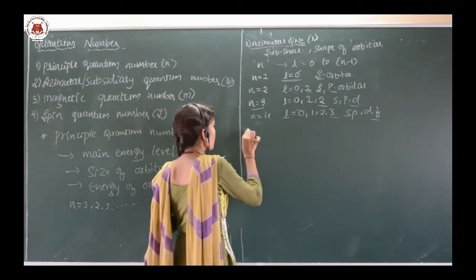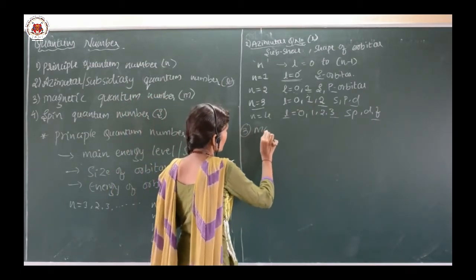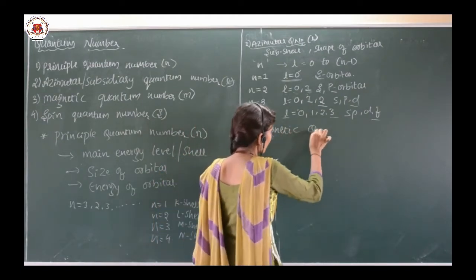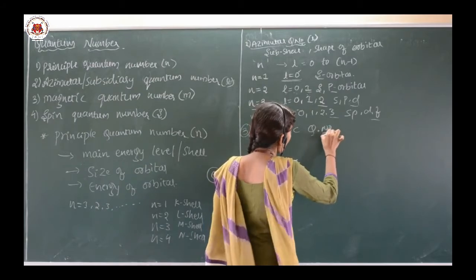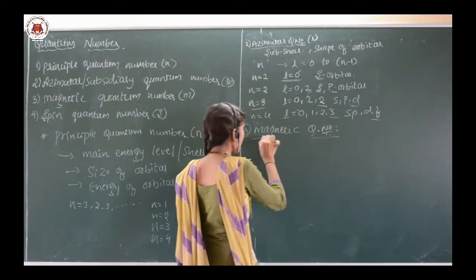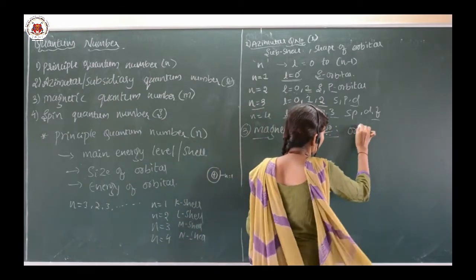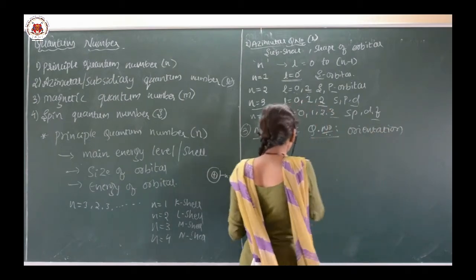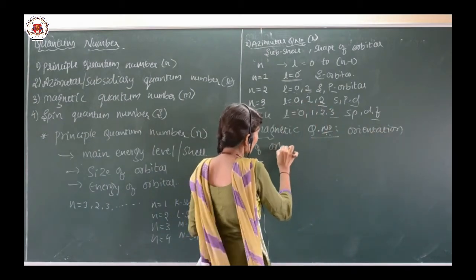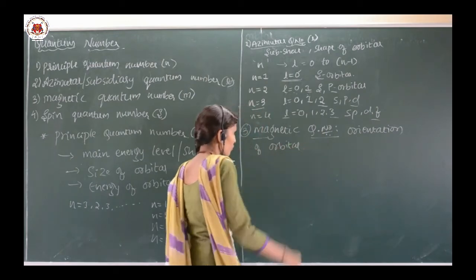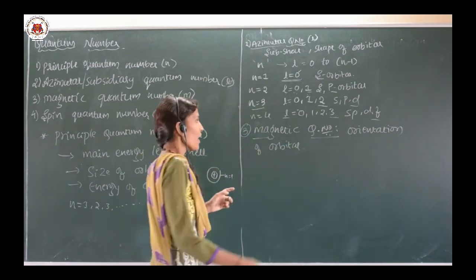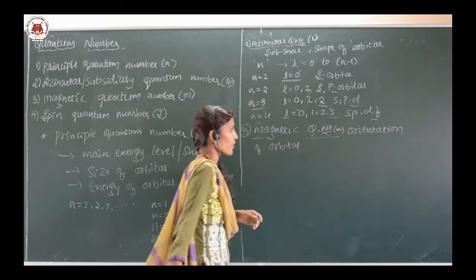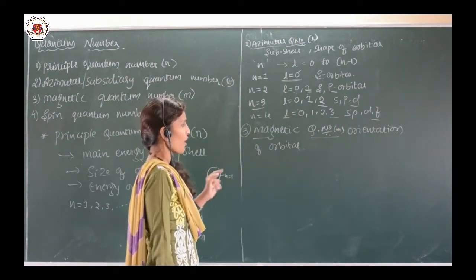Let us go for the third quantum number, that is the magnetic quantum number. The magnetic quantum number indicates the orientation of the orbital in space, and it is indicated by a small letter m.